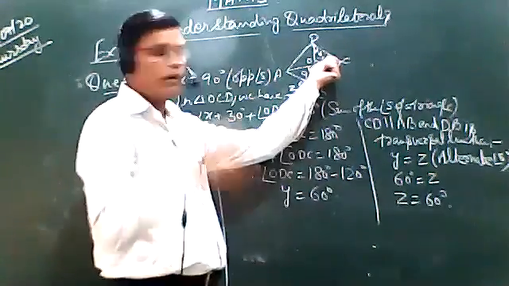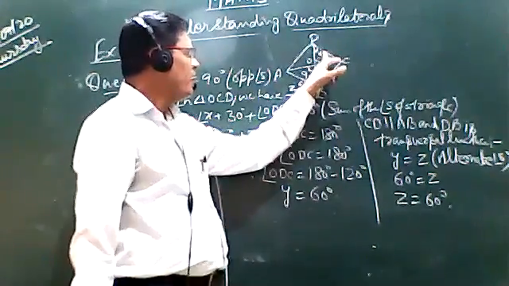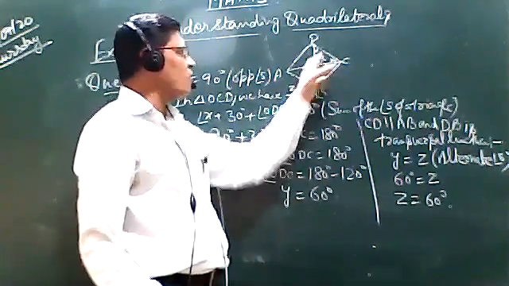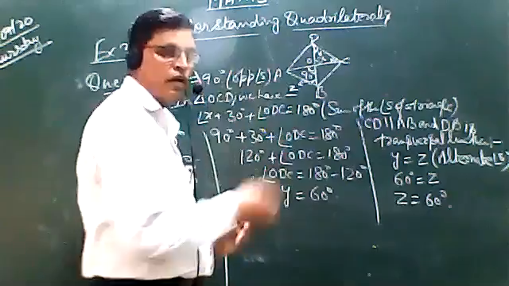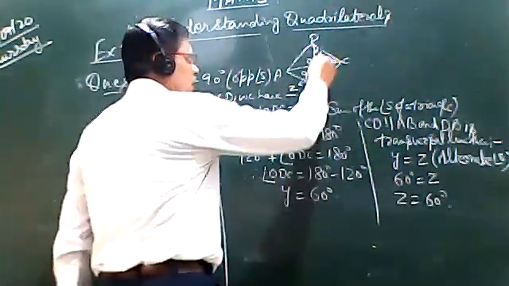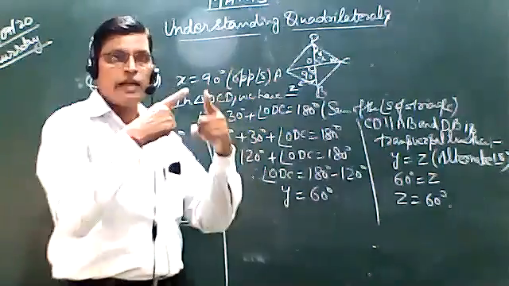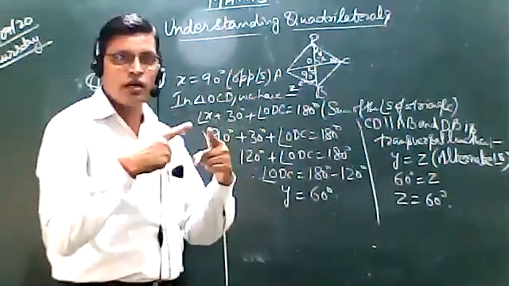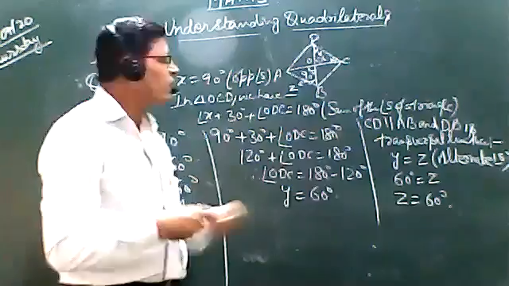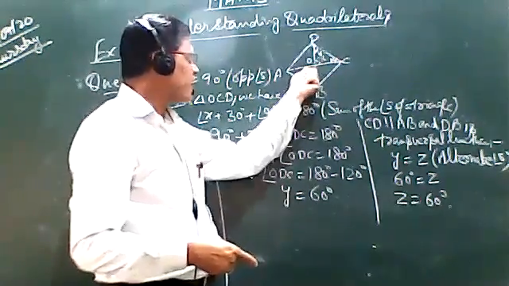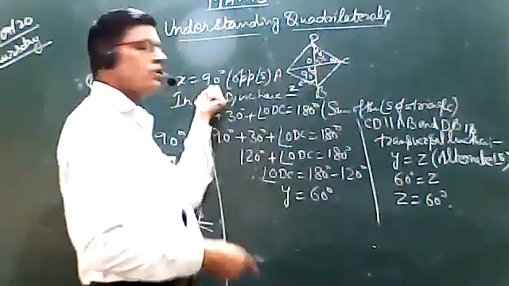It is also given, and this angle be Y, and this angle be Z. You find the value of X, Y, Z. Now, my first part. Opposite angle are always equal. If two lines intersect to each other, opposite angles are equal. Therefore, this angle are opposite angle. This is 90. The value of X is also 90.